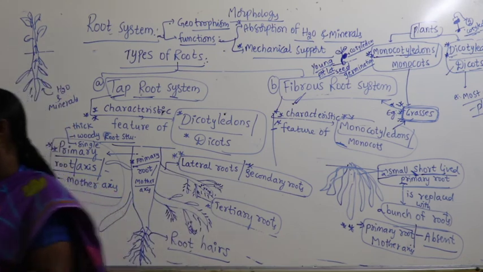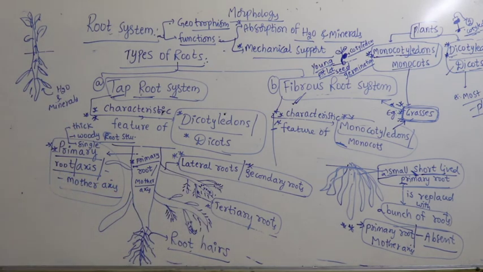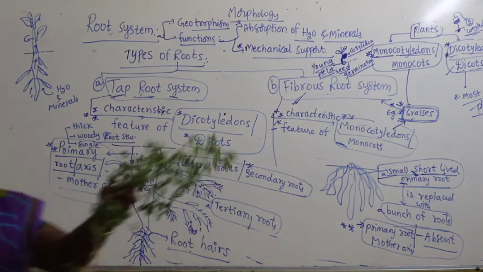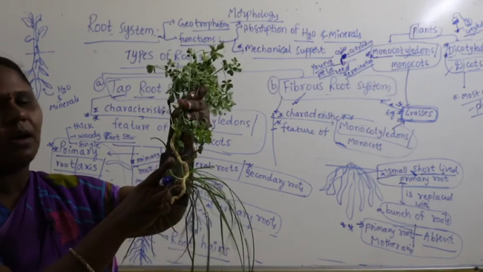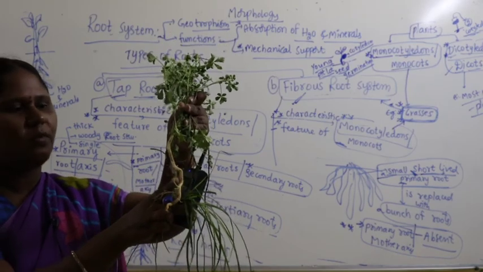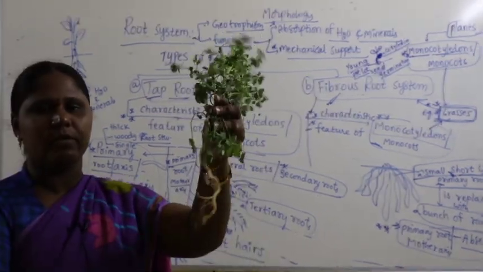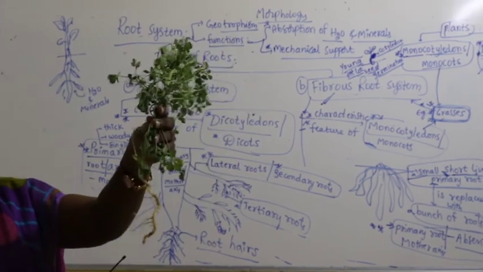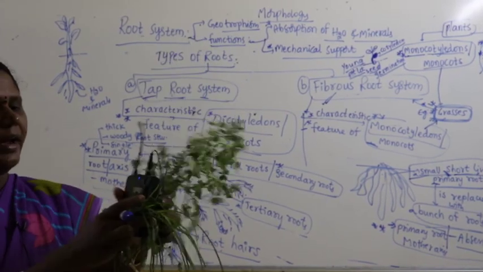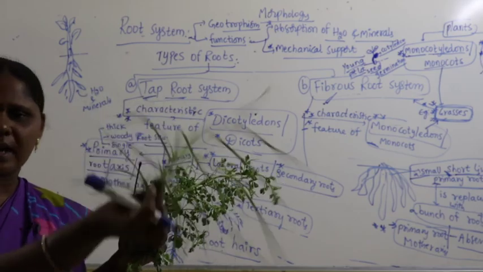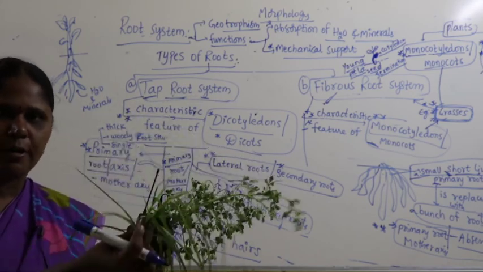Now, what did we see earlier? This is a taproot system. This is a dicot plant having a taproot system. And these are grasses. Grasses are monocots.